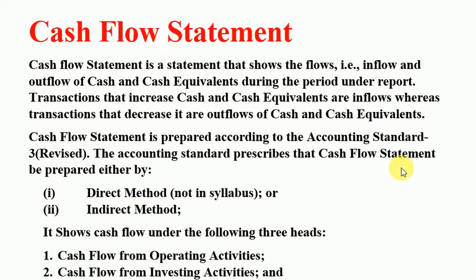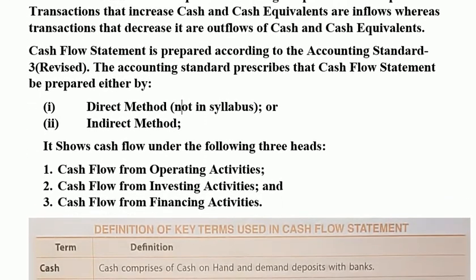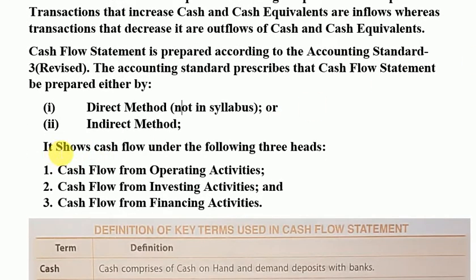Now, according to Accounting Standard 3 revised, the cash flow statement which is prepared shows cash flows under the following three major heads. Remember, there are three major heads which are the important content of the cash flow statement which we are going to prepare under the indirect method.